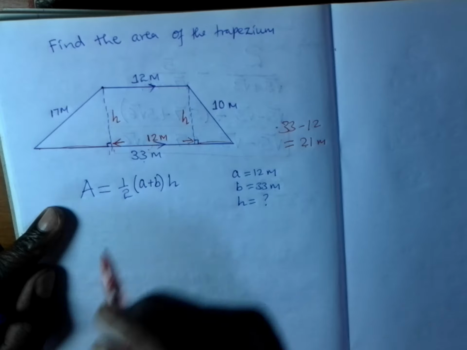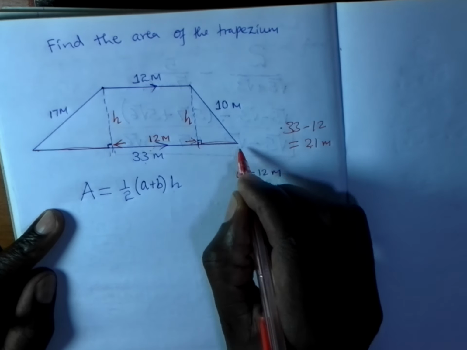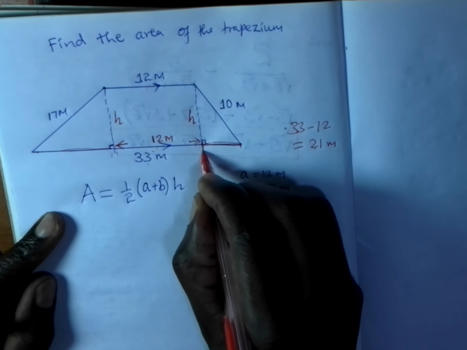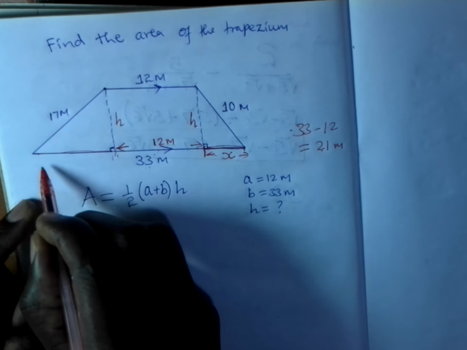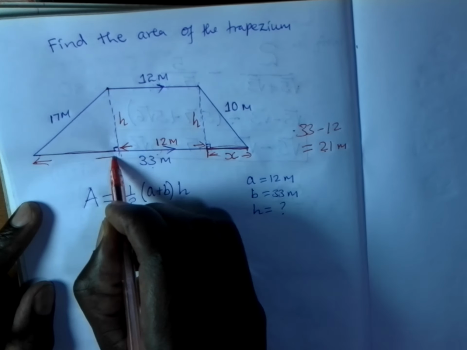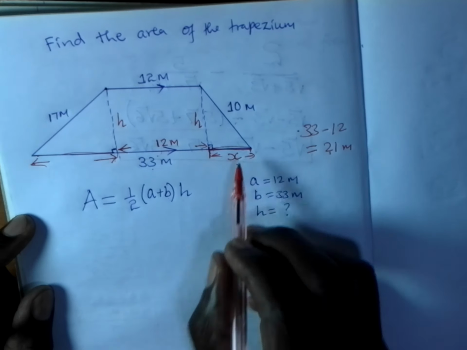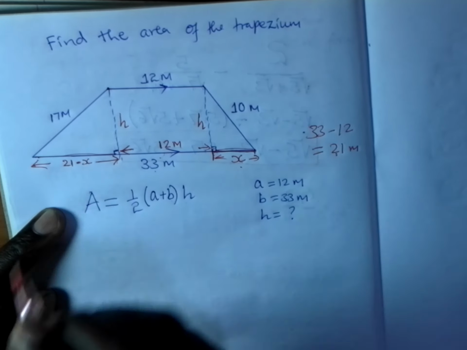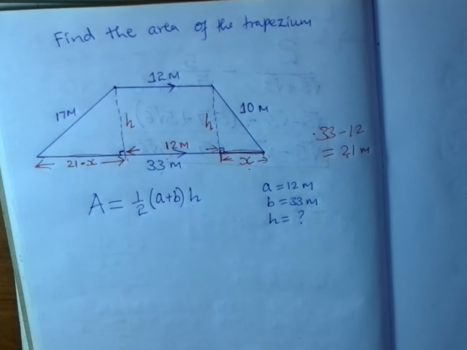So if we let this distance here be x, then the remaining distance will be 21 minus x.